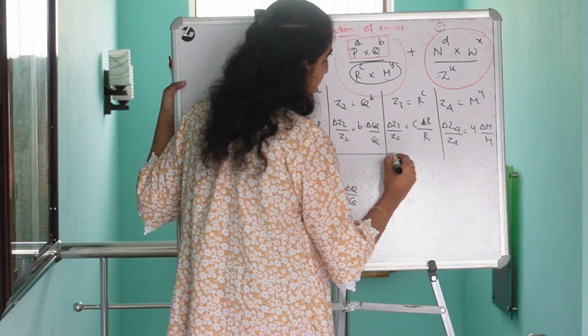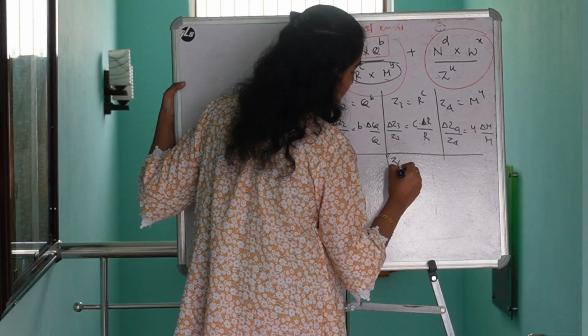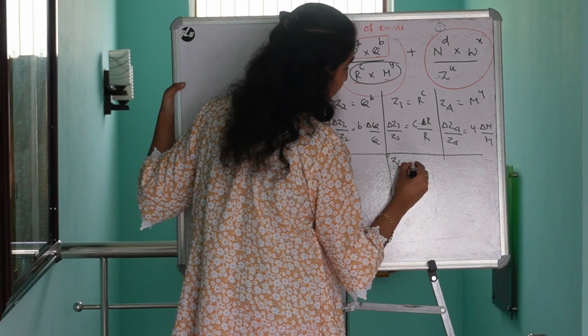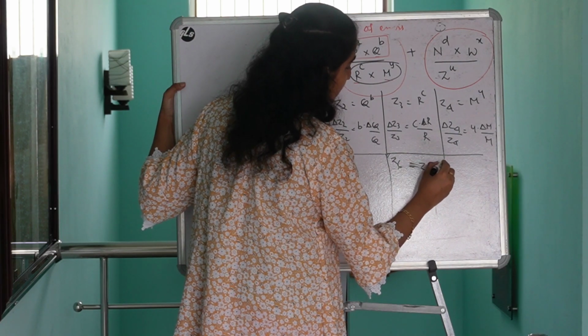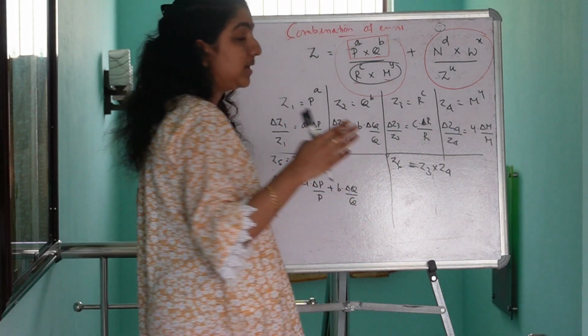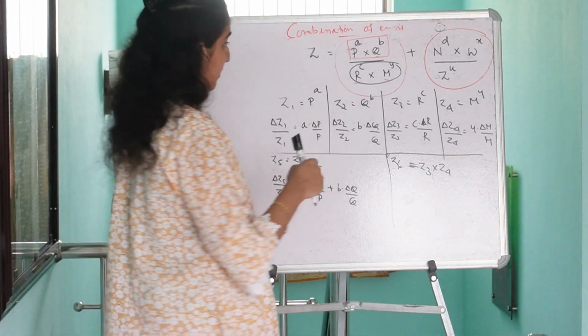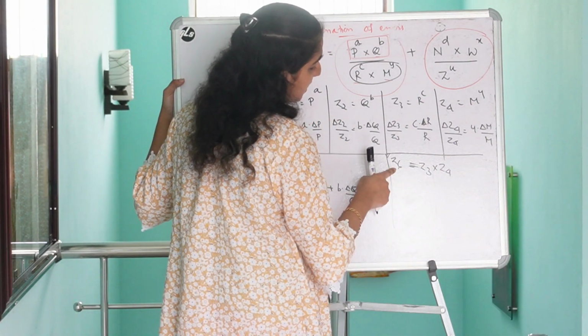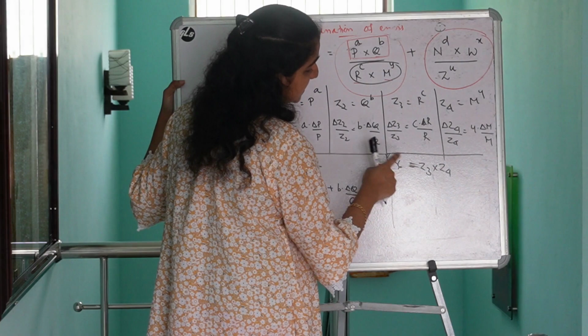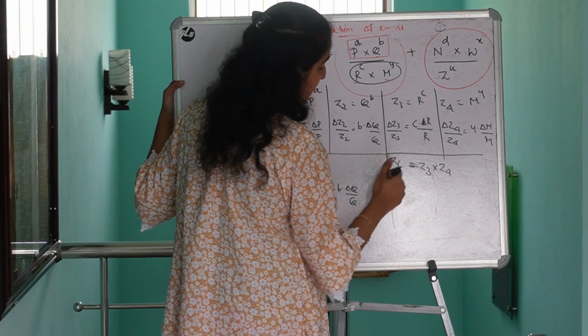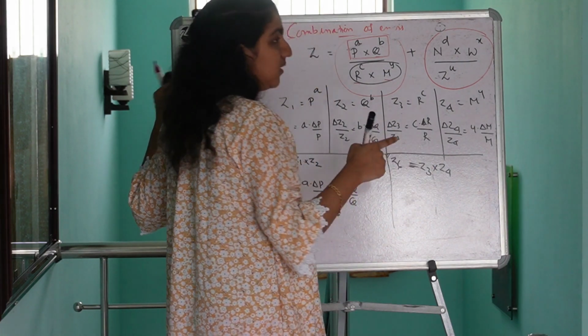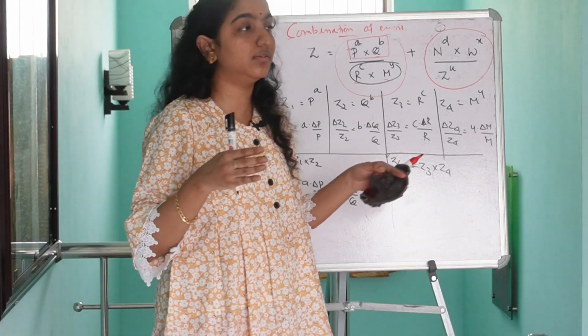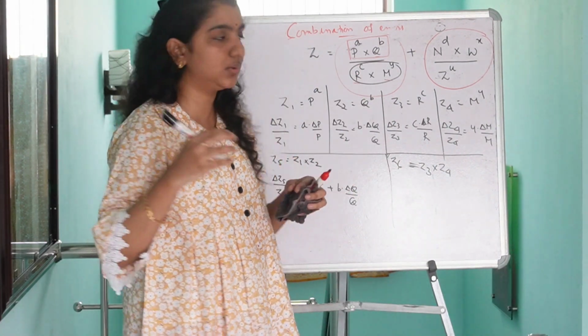Let Z6 be equal to Z3 into Z4. Here we are multiplying two physical quantities.